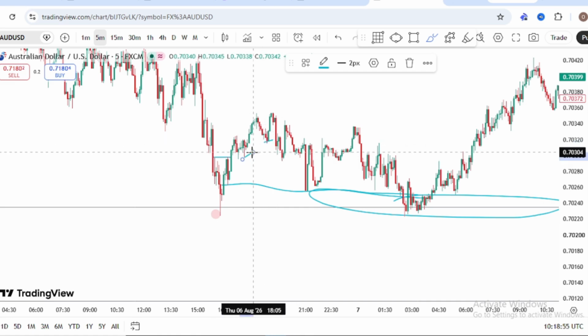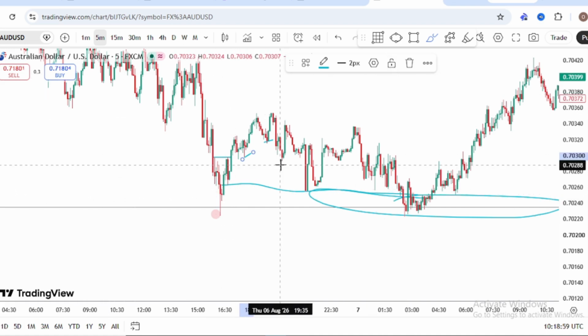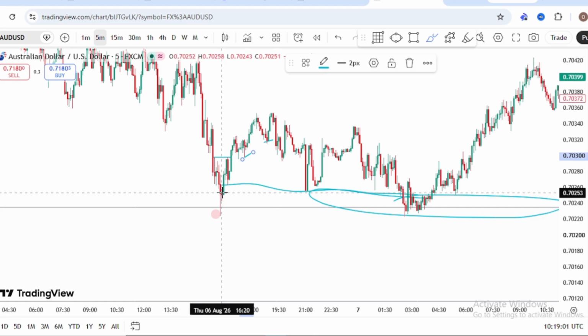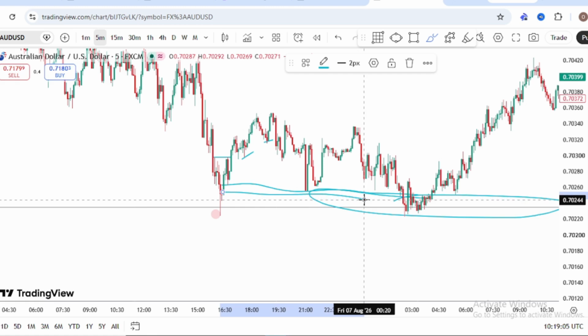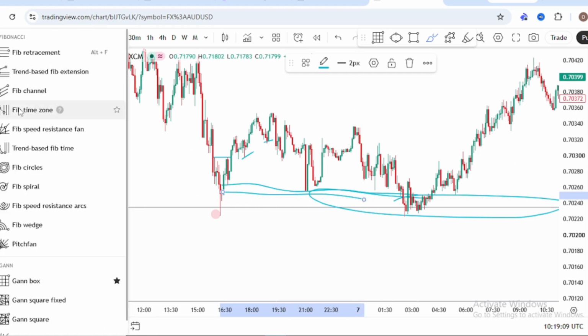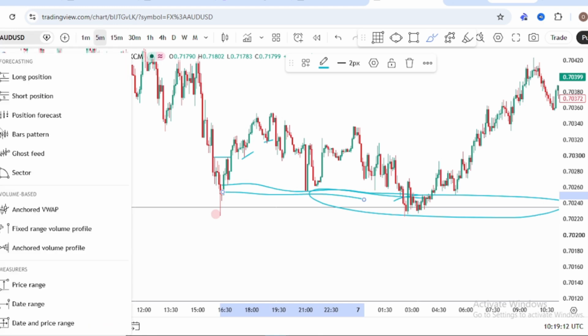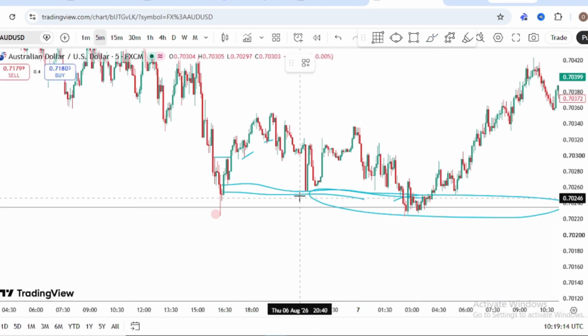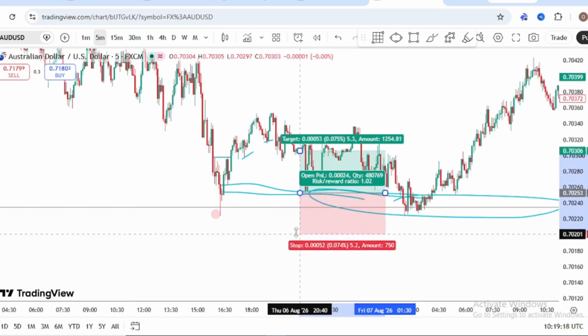Here is inducement and liquidity. And we have our order block here. So from this order block, we can place a limit buy order here.